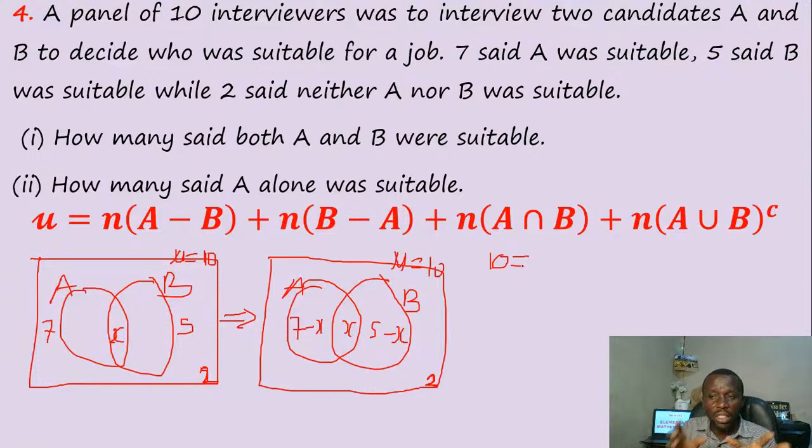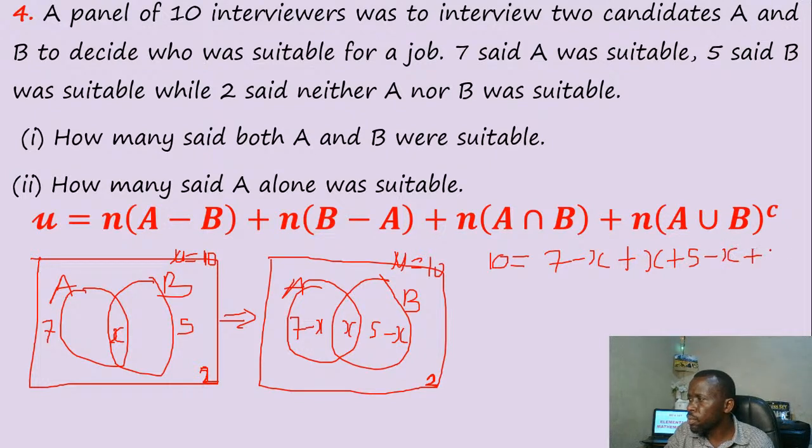That is why I have to write the universal set first. 10 equals 7 minus X plus X plus 5 minus X plus 2. If you're having bad network, you can rewatch the video anytime you like.